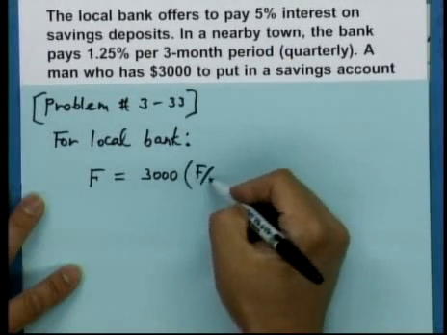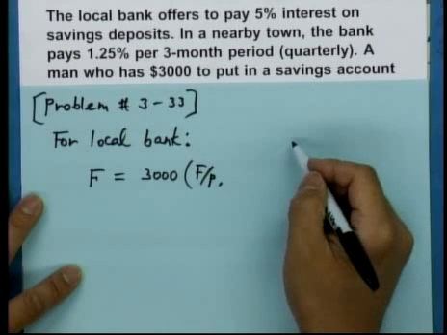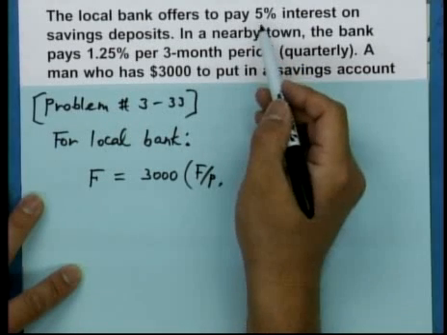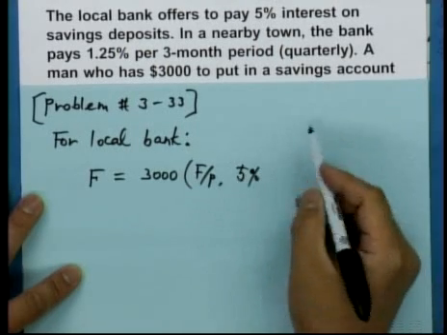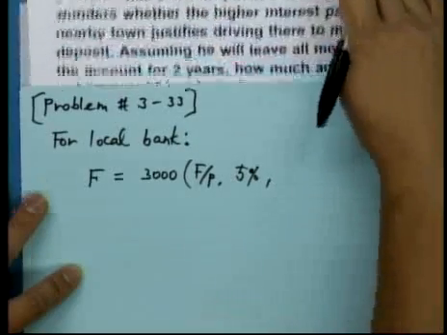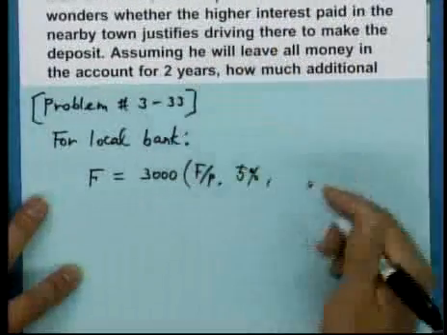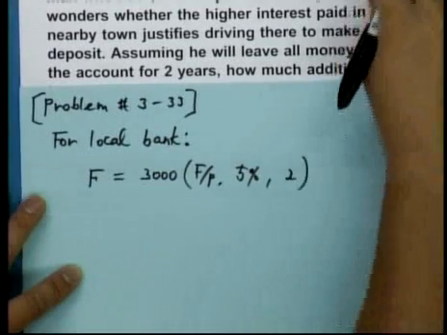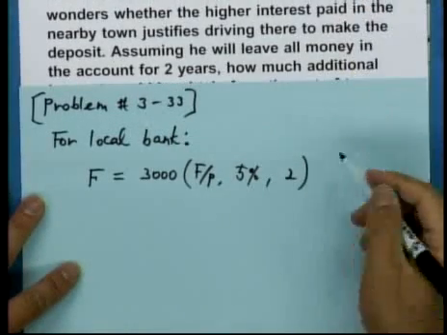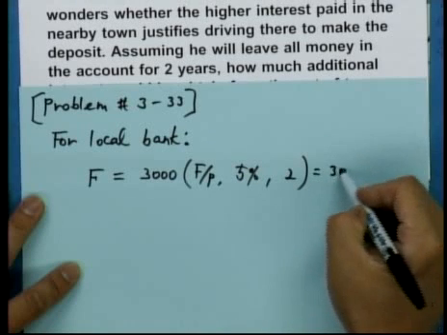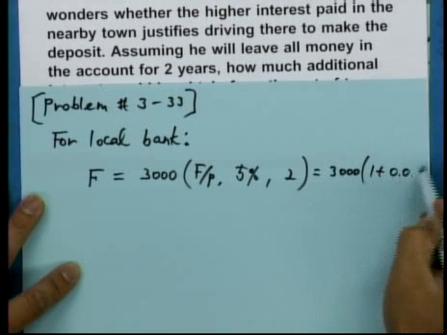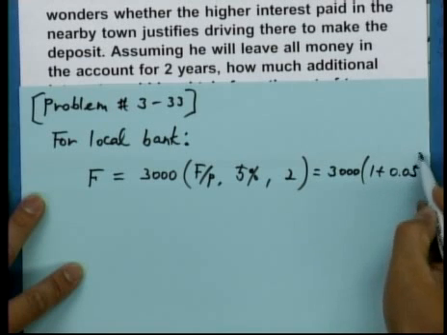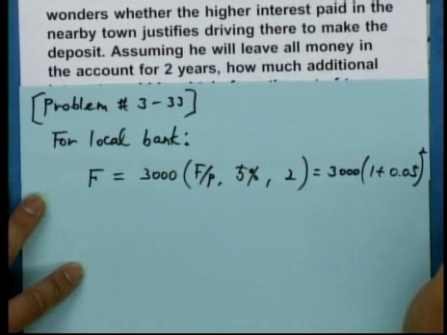So F given P, and the local bank offers 5% interest over 2 years, so n is going to be 2. Or you can use another expression of this formula, which is 3,000 times 1 plus 0.05 to the power 2.